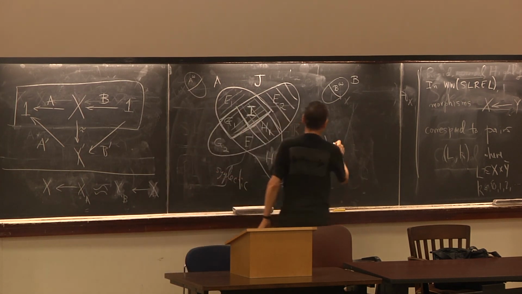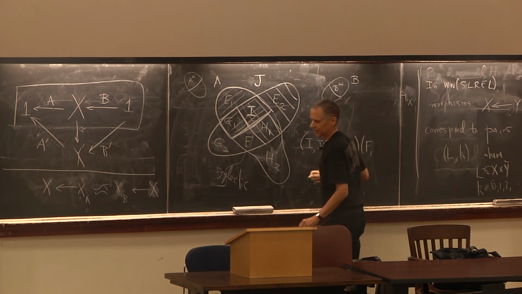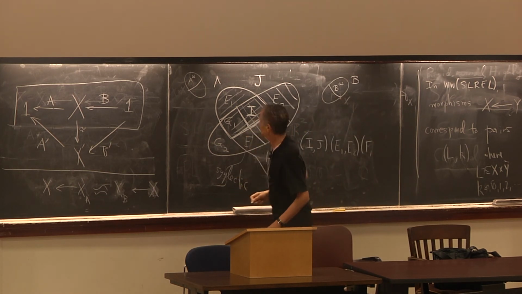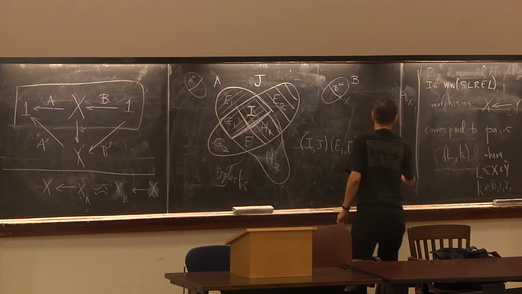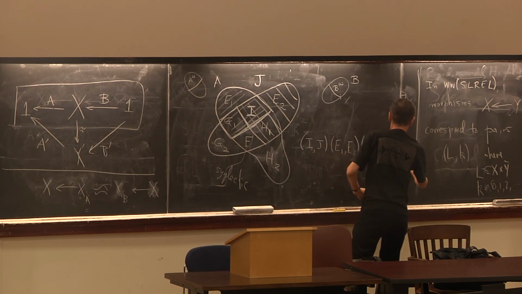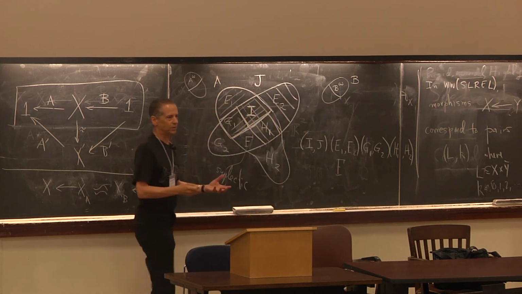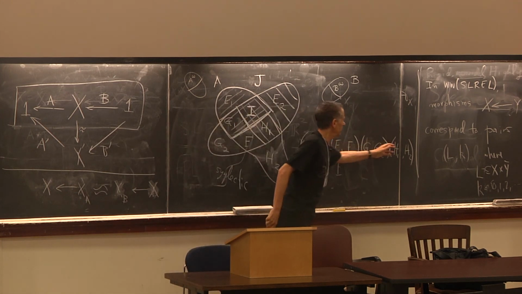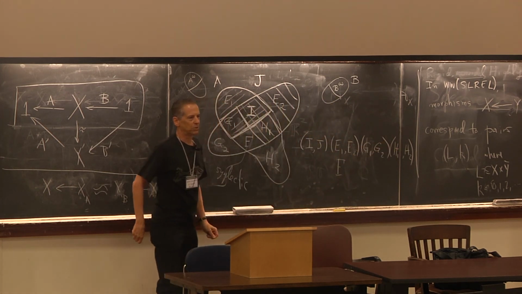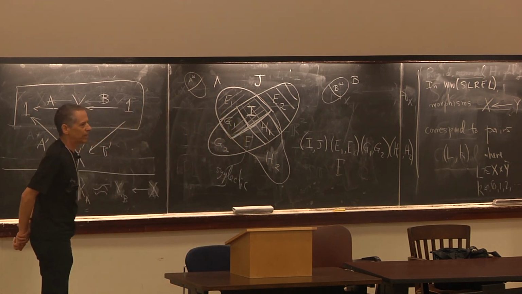Then we have E1, E2, G1, G2, H1, H2, and finally F, which is symplectic and doesn't have a natural Lagrangian splitting. So there are really only 5 different numbers here. And it turns out that those 5 are a complete set of invariants.